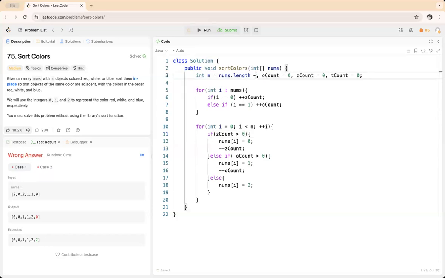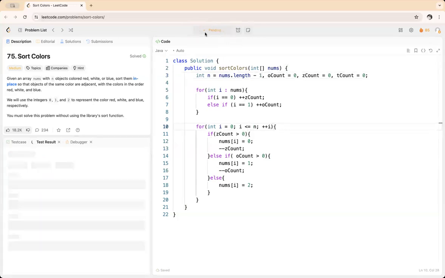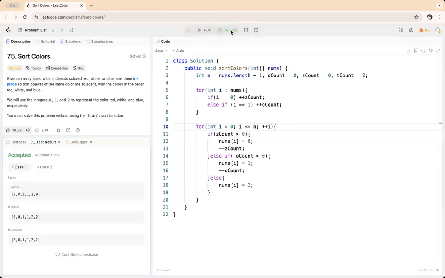So if we have taken this as, then we have to go till equal to n. Perfect.